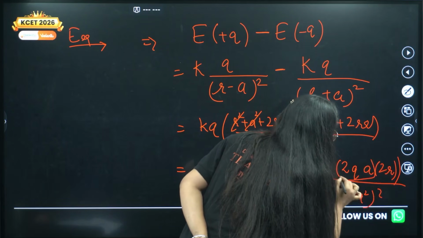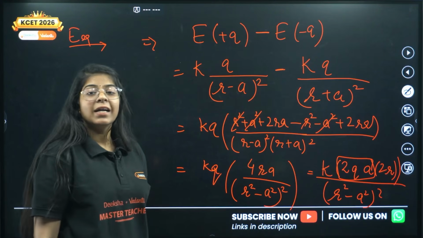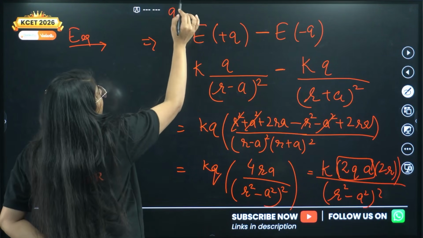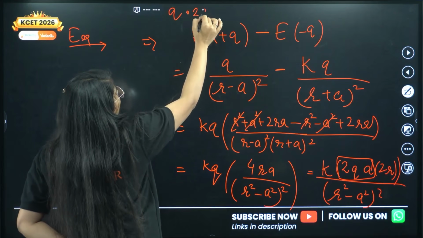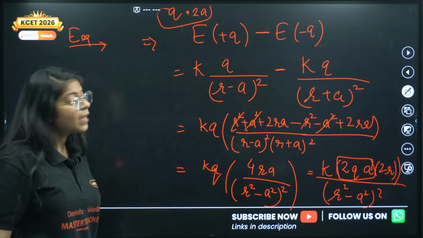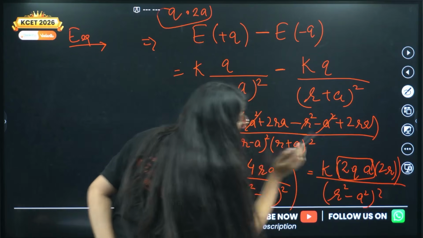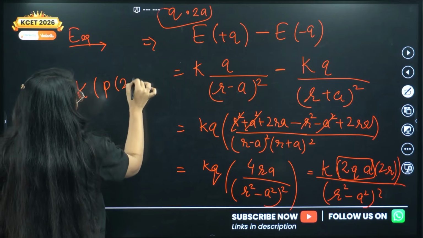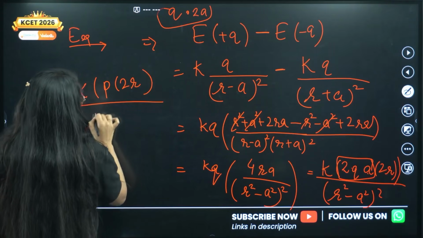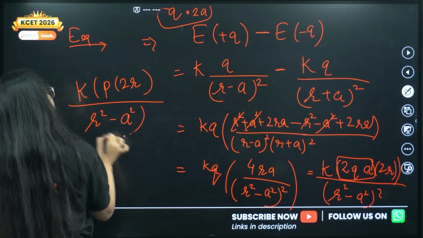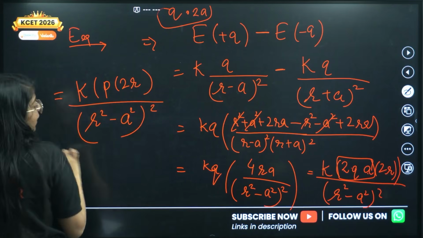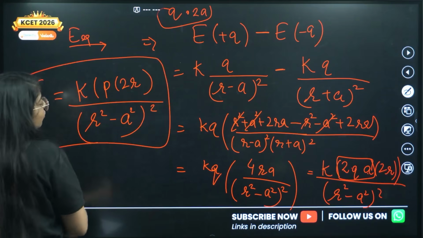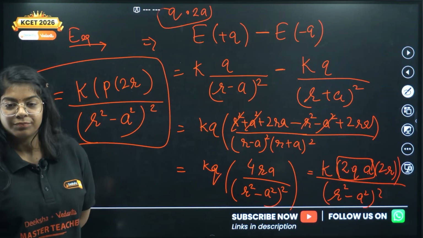So this 2a into q will be my dipole moment. We know dipole moment is the charge into the distance between those two charges, that is 2a. So this is Kp into 2r divided by r square minus a square whole square. And this, my friend, is the electric field due to the whole dipole.